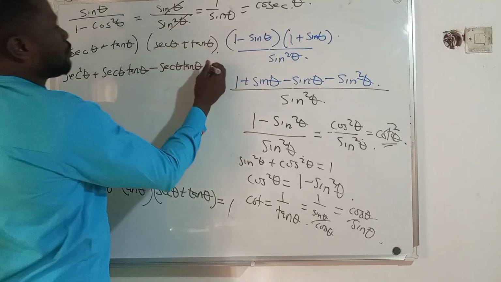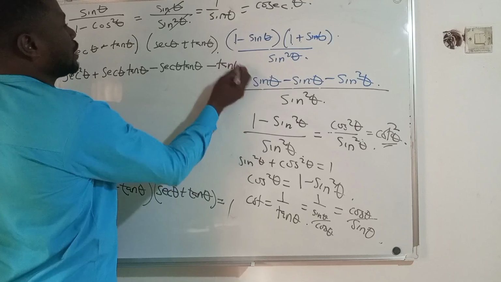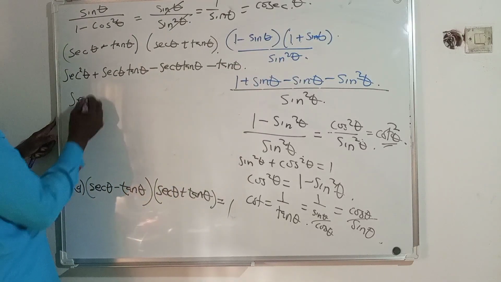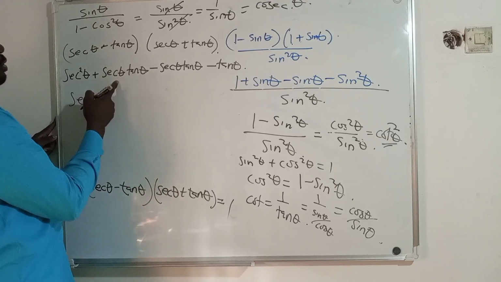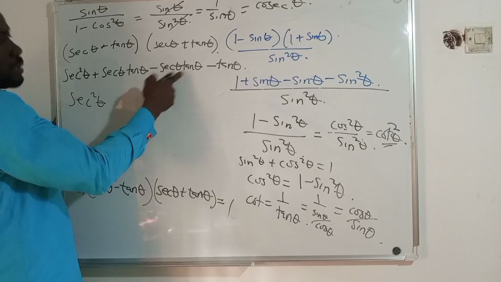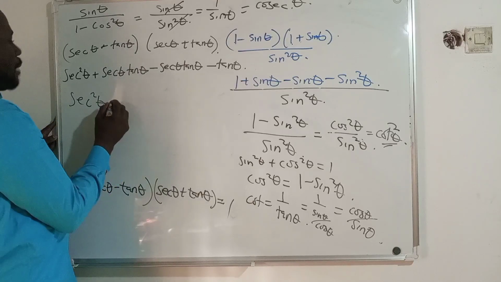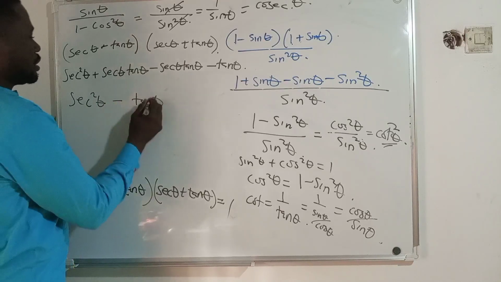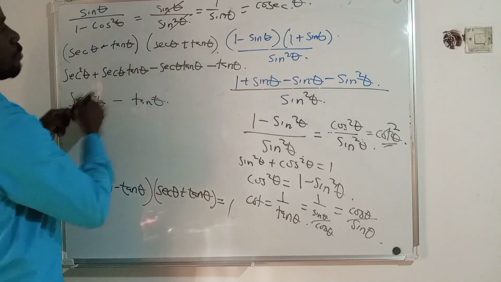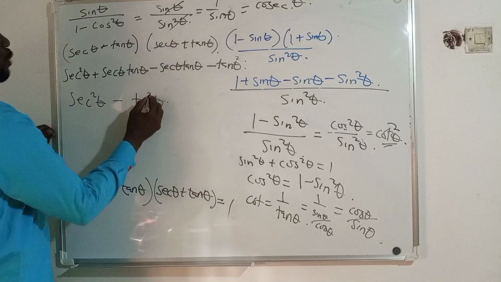Minus tan theta multiplying plus tan theta gives minus tan square theta. Now sec theta tan theta minus sec theta tan theta will be 0, so we have sec square theta minus tan square theta.